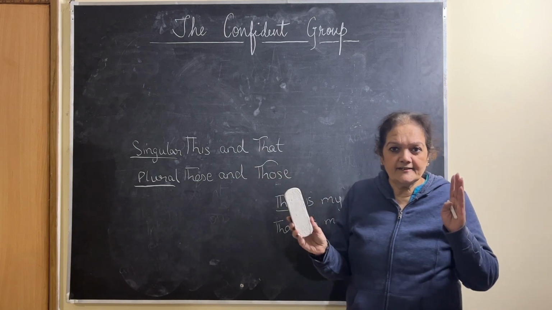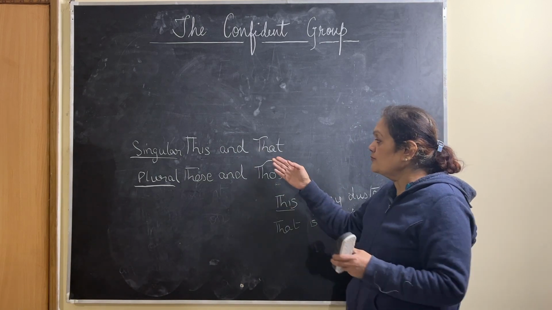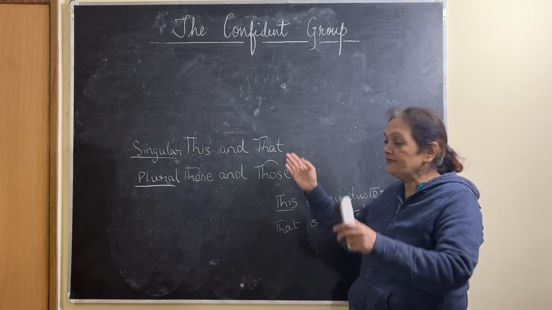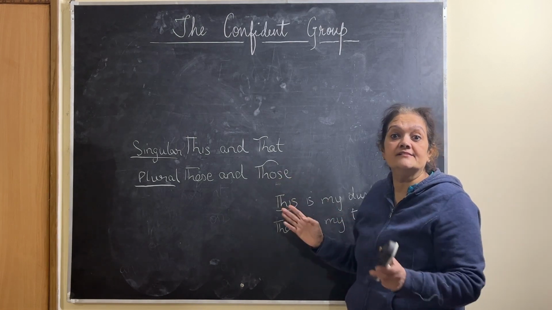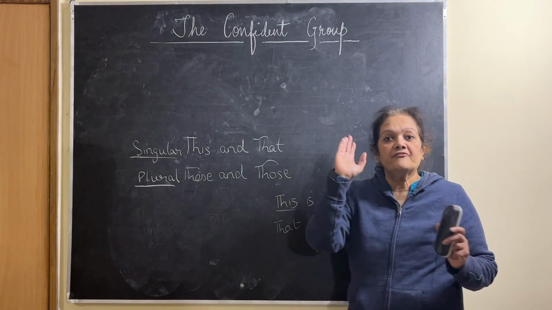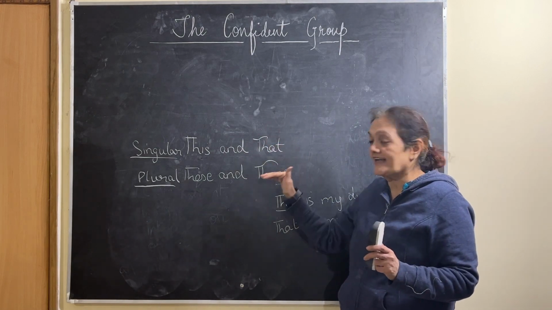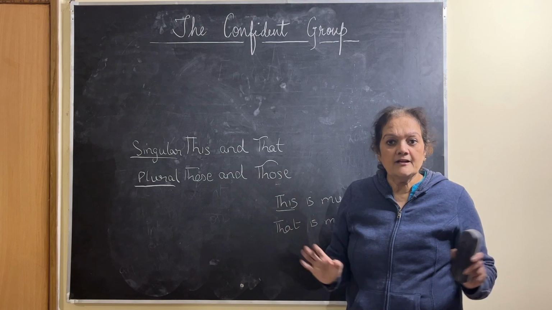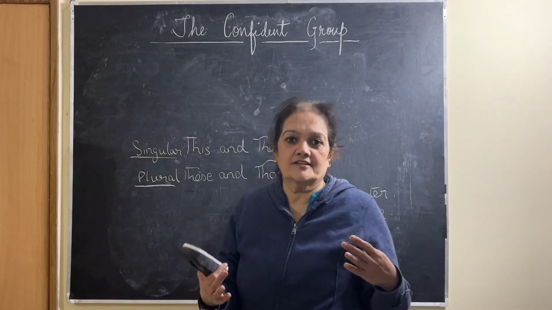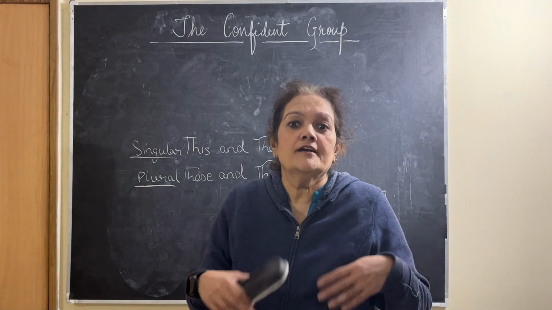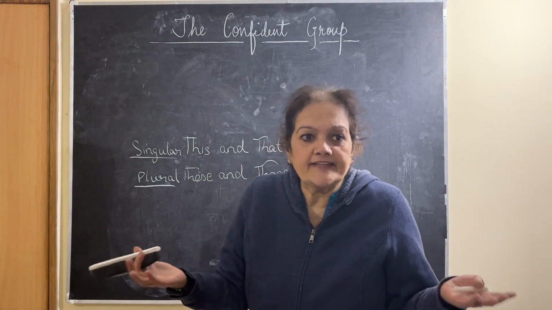So you see, you understand the difference? Same way, that is my table. Those are my tables. So they are far. For things that are far away from you, you use that and those. Is it clear? So when you go home today and look around, you will look at things around you.